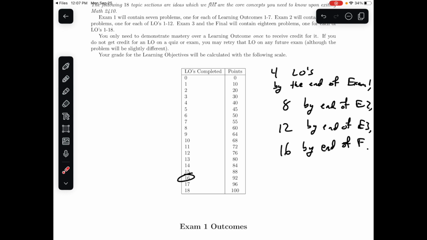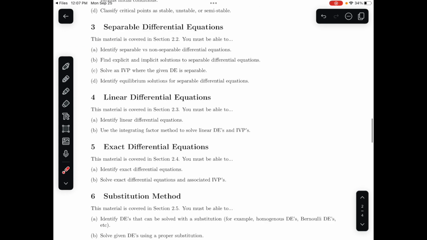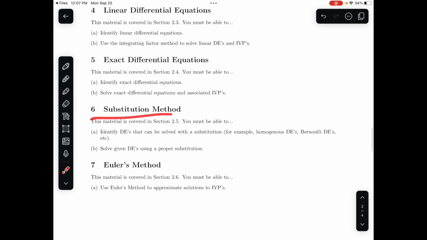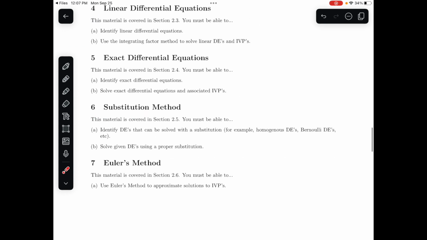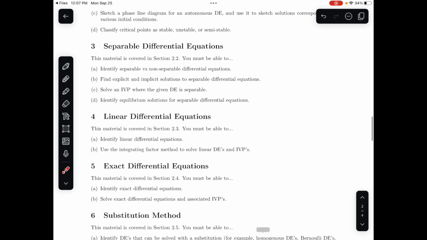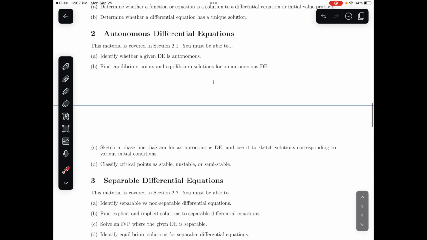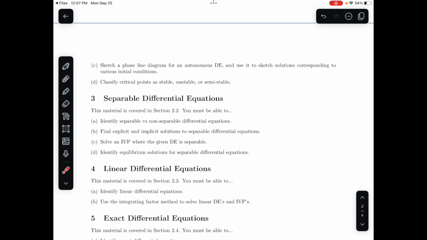So prioritize your studying too. If you're really not feeling comfortable with the substitution method, for example, then maybe spend more time on separable differential equations and autonomous DEs, the low hanging fruit, just to make sure that you get those ones.